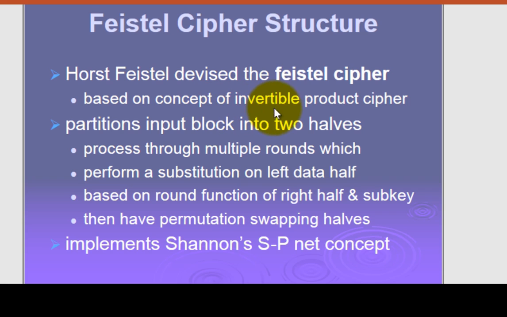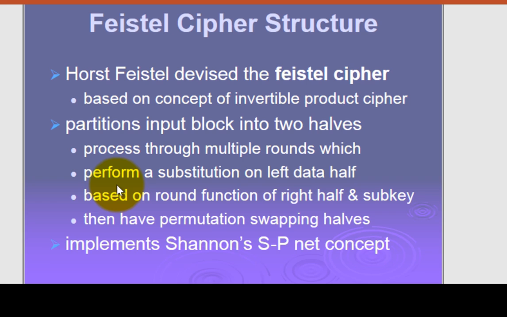It is based on the concept of invertible product ciphers. In this cipher structure they use product ciphers which are invertible. You can do even the inverse process of this product cipher. You can do encryption, and in the same way you can do decryption in a reversible way. No need to use separate algorithms for encryption and decryption. That is the concept of the Feistel cipher structure.